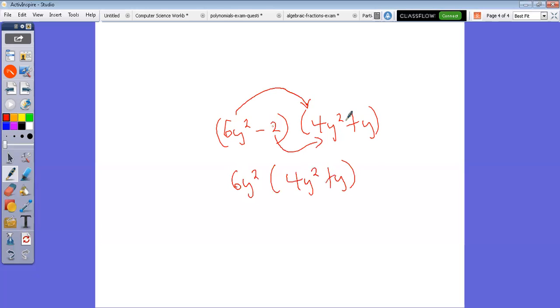Then -2 multiplies that whole term: -2 brackets 4y squared plus y. Then we remove brackets. This term is multiplying everything in that bracket. So 6 times 4 is 24. Y squared times y squared is y to the power of 4. Clear? Then 6y squared times y is plus 6y to the power of 3.